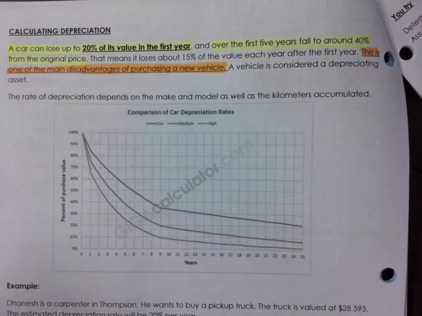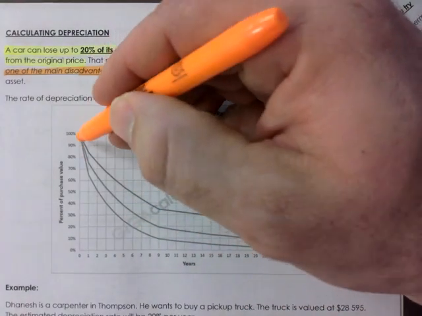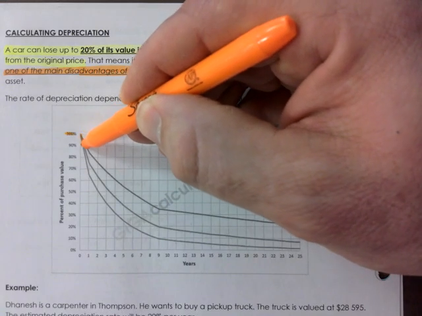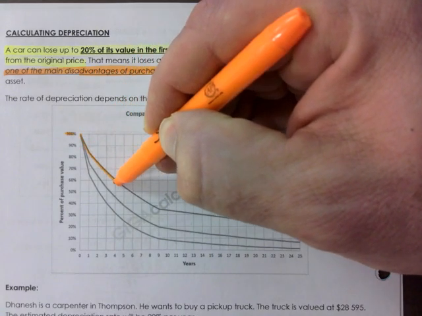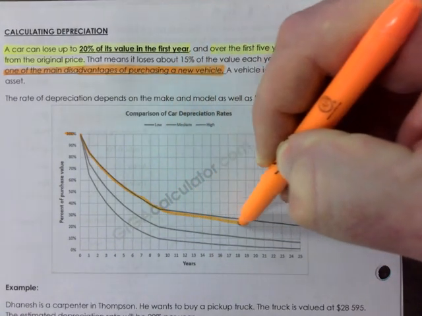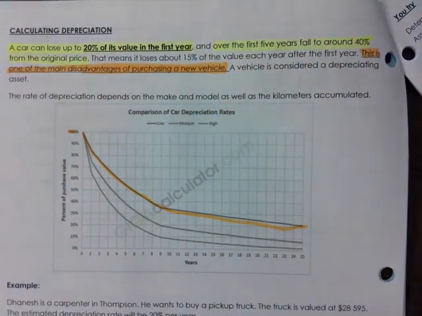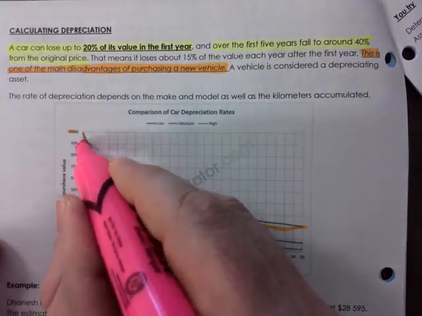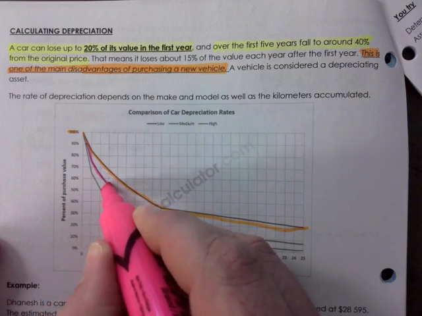So I think this graph is worth noting, right? You have a car, and you always start with 100% of the value, and then this car loses value, but not as much as others. Okay, so it slowly just goes down like that, and then you have another car. So I'm thinking imports, right?